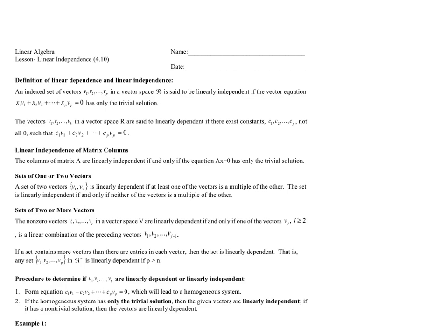Definition of linear dependence and linear independence. Those are textbook definitions. I'll just kind of weave my way through this, but it really comes down to the procedure, because that's where things start making sense, all right?